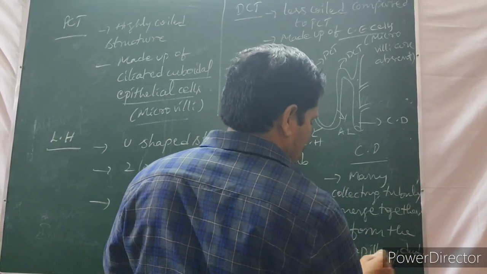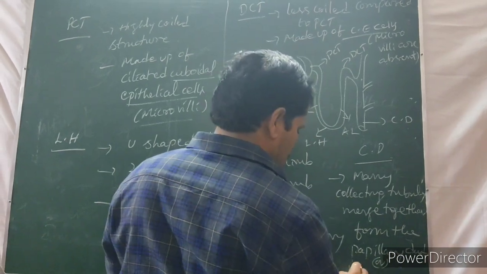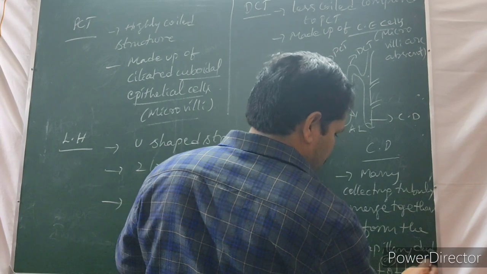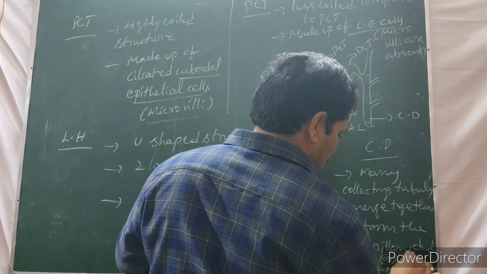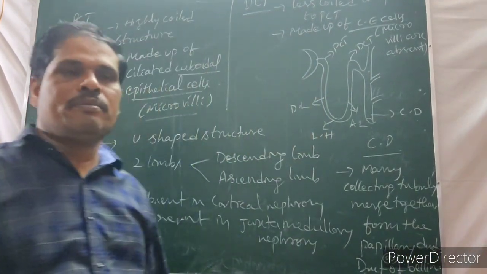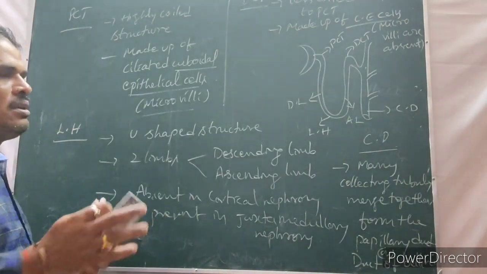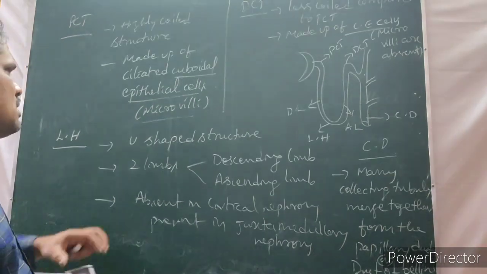The papillary duct is also called the duct of Bellini. The duct of Bellini, or papillary duct, is formed. That is about the complete structure of the nephron.